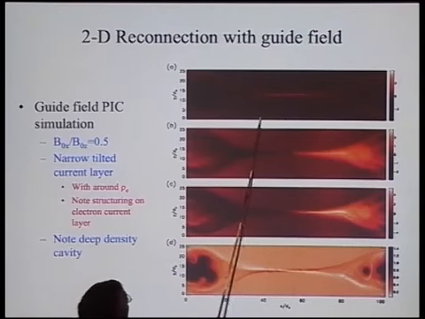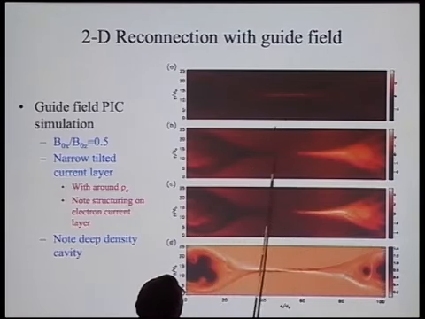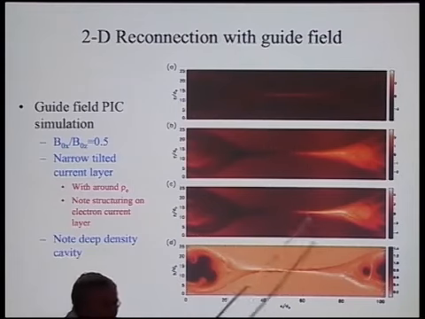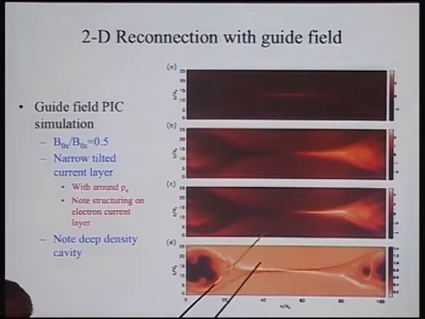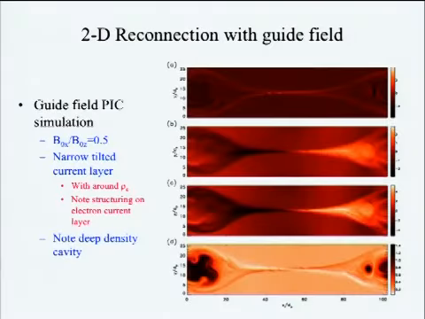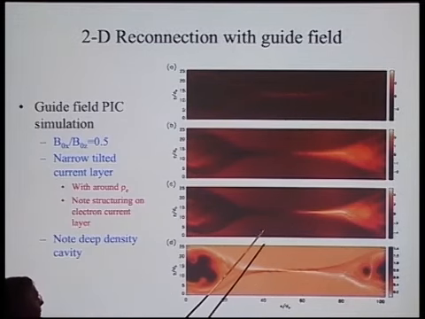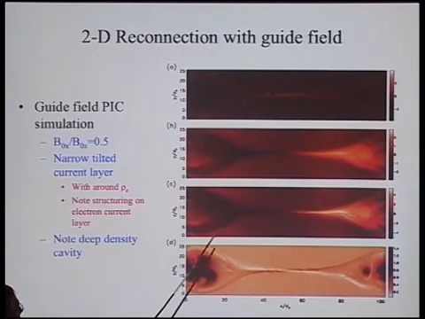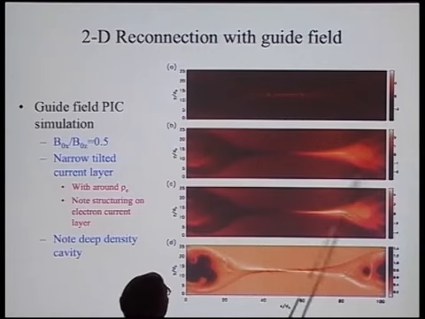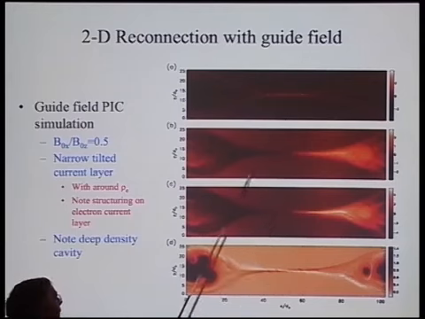Notice these interesting little vortices that are developing here, and these tend to seed islands periodically. And this is the ion outflow velocity to the left and to the right.